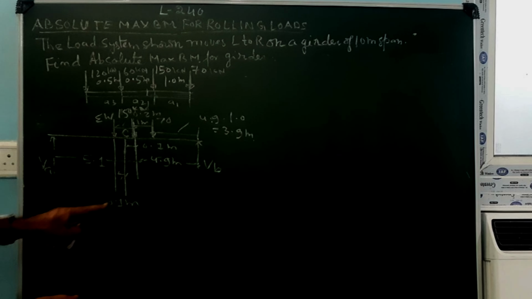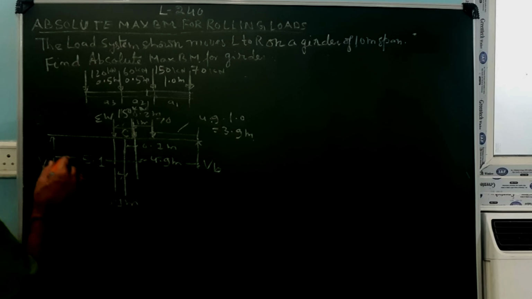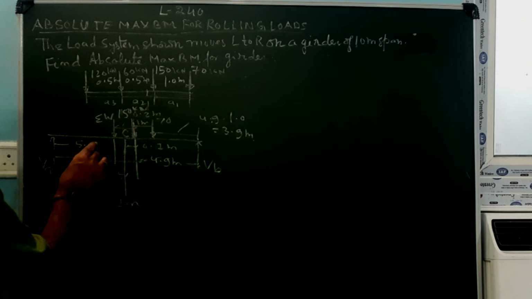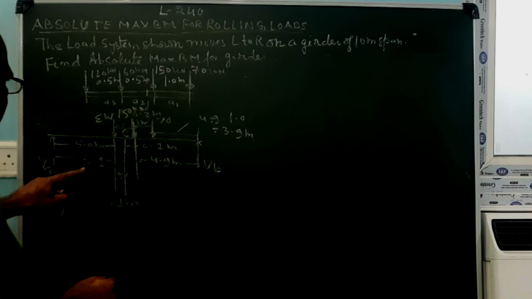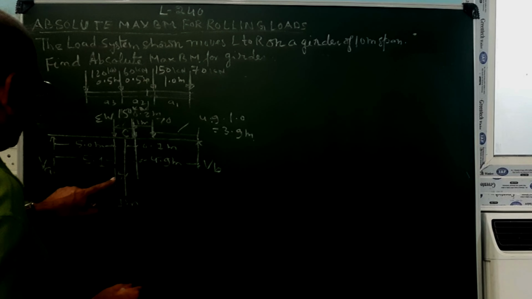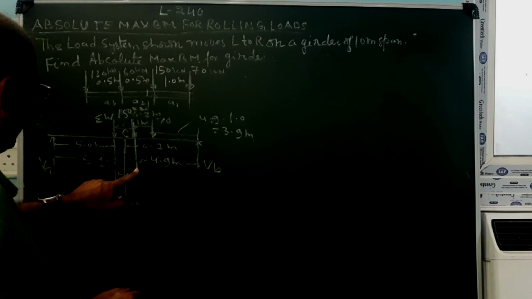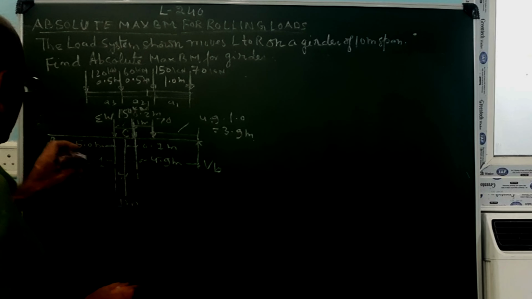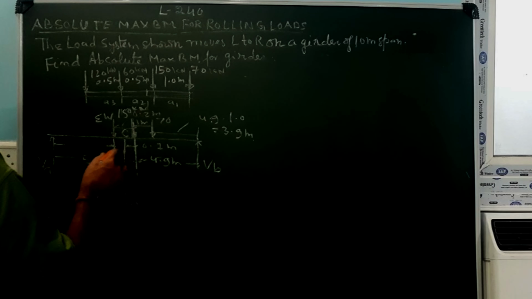So the distance from here to this is 5 meter. 5.1 is this, and this is 0.2 meter.